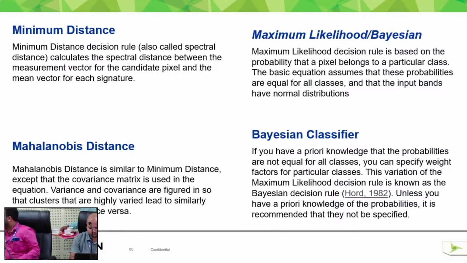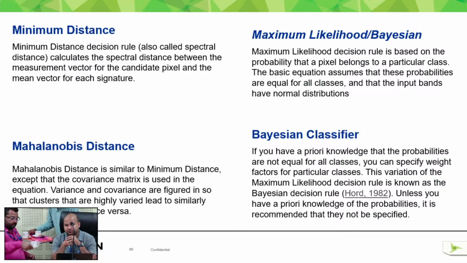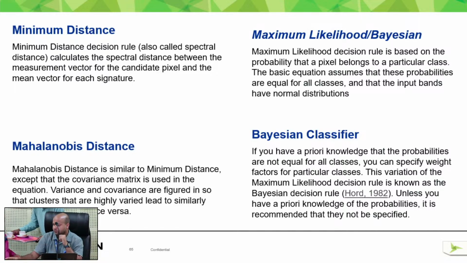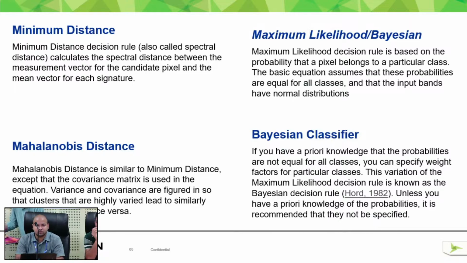The maximum likelihood decision rule is based on the probability that a pixel belongs to a particular class, and the basic equation assumes that these probabilities are equal for all classes and that the input bands have a normal distribution. So when we go for maximum likelihood classification, these techniques always assume that the distribution pattern of the pixels is a normal distribution.